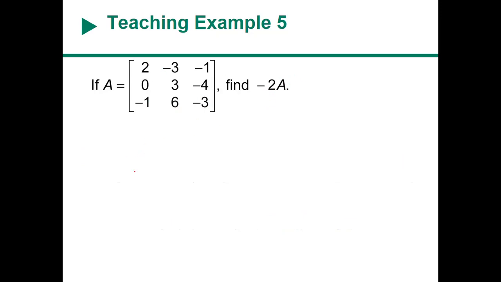So we end up with our new matrix. 2 times -2 is... -3 times -2 is... -1 times -2 is... 0 times -2, 3 times -2, -4 times -2, -1 times -2, 6 times -2, and -3 times -2, 6. Oh my gosh, y'all are so great at scalar multiplication. How do we feel?